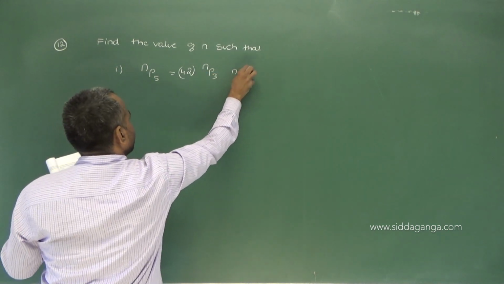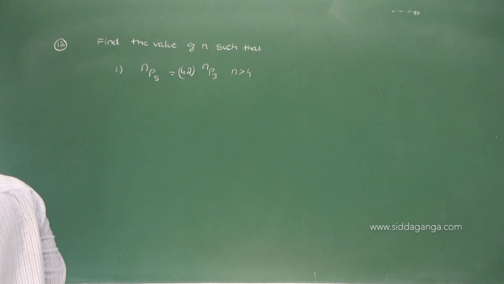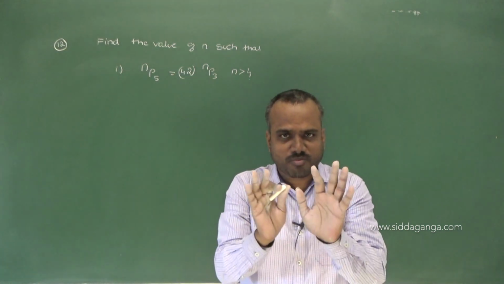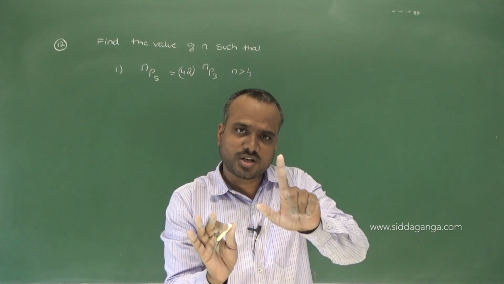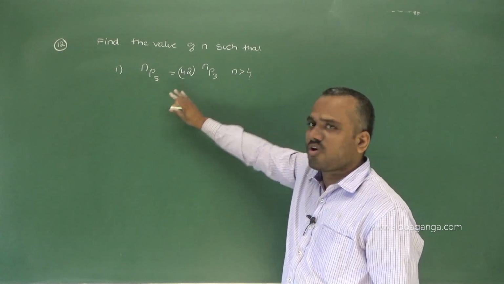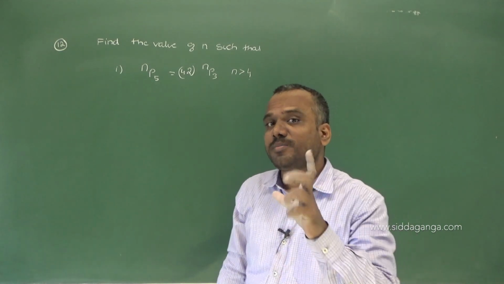N must be greater than 4. We stop up to that. We continue in the next class with repeated objects. So we finish up all different non-repeated objects.